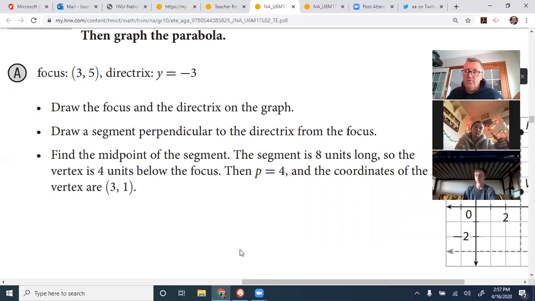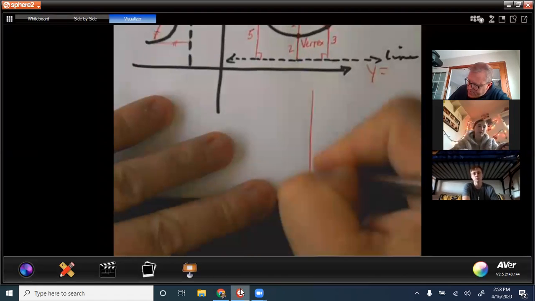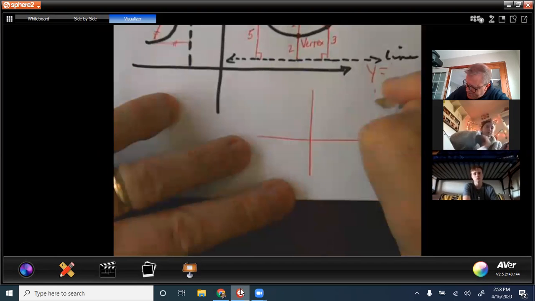I will always give you the vertex. It's interesting because if you've got 2 of the 3 parts, you can always find the third one. So let's say that I have the vertex and I have the directrix. Can I find the focus? Yeah. Okay, so watch this. Let's say that I know that a directrix is right here.